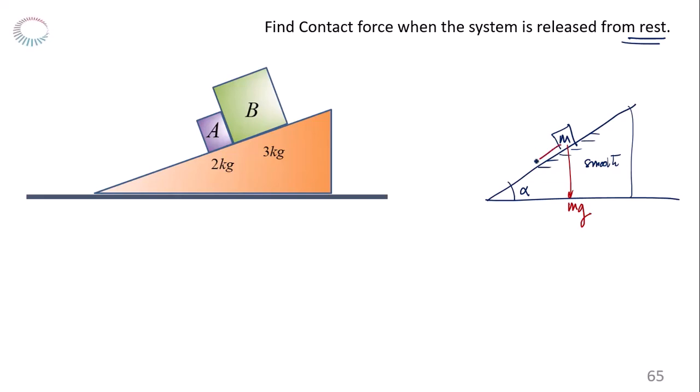One is along the plane, that component is mg sin alpha, and the other is normal to the plane, that is mg cos alpha.